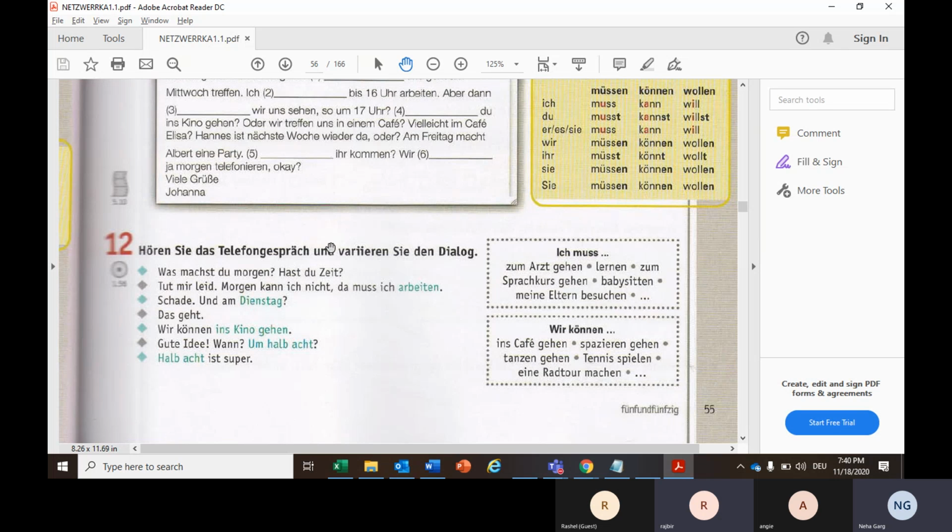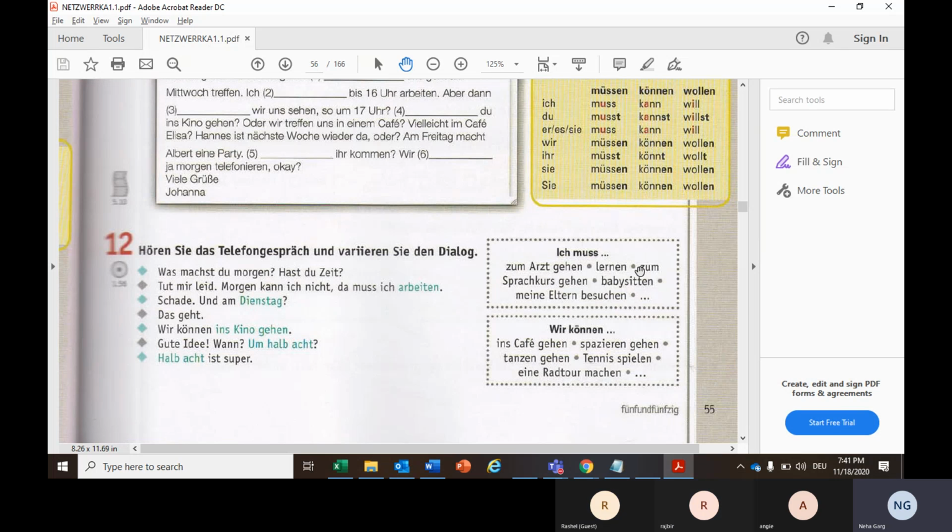Entschuldigung, was machen Sie morgen? Haben Sie Zeit? Tut mir leid. Morgen kann ich nicht. Da muss ich zum Sprachkurs gehen.